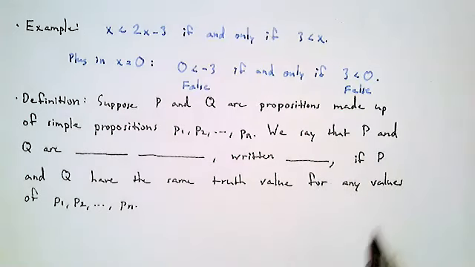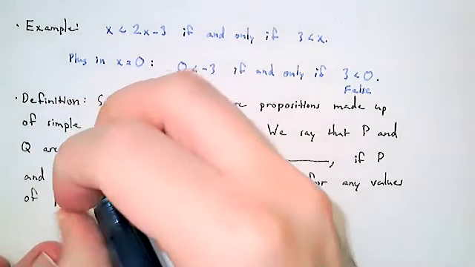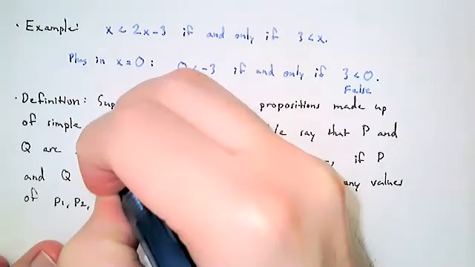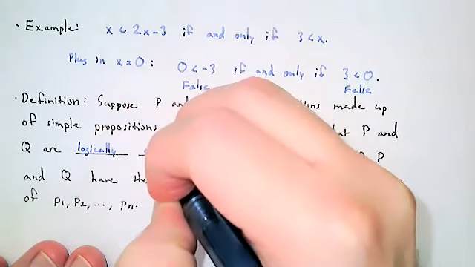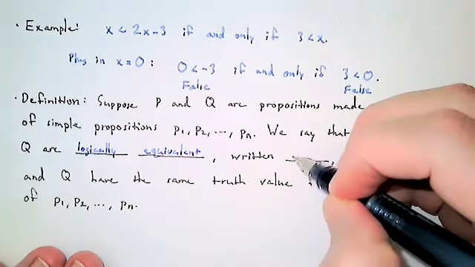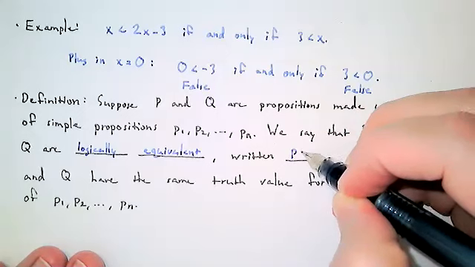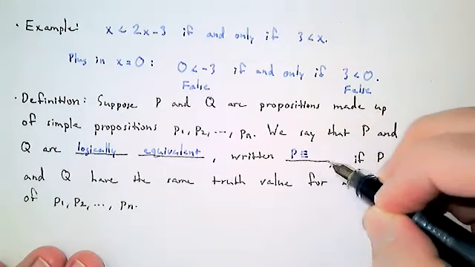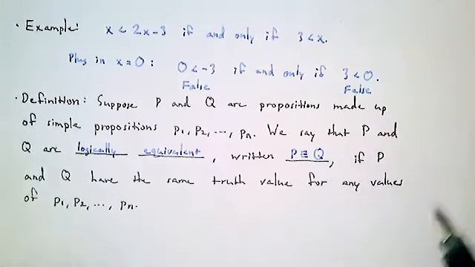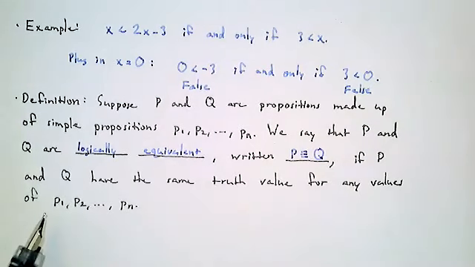And then I say that P and Q are equivalent, or logically equivalent, written P and then almost an equal sign, except I have 3 horizontal dashes, if P and Q have the same truth value for any values of P1, P2, up through Pn.